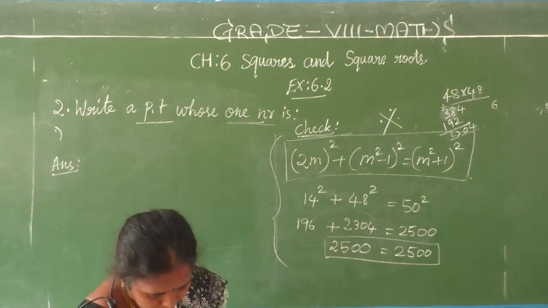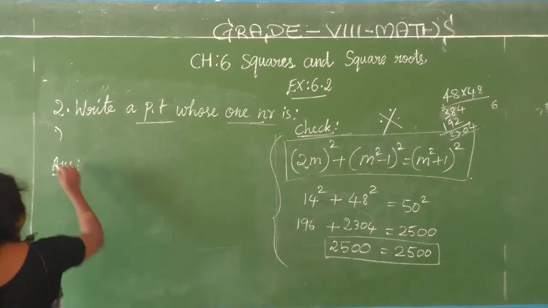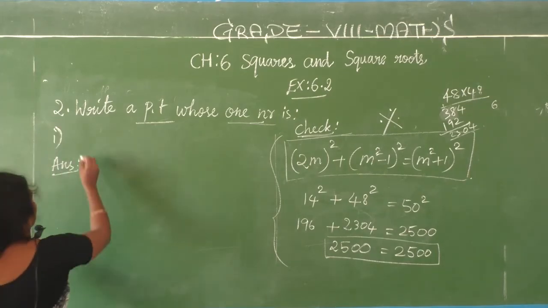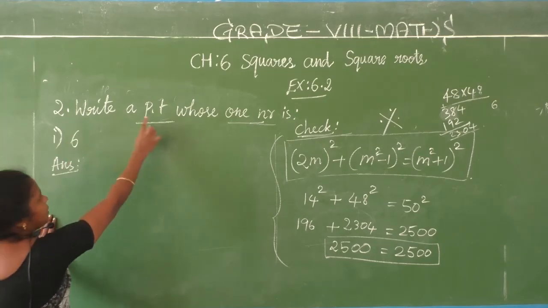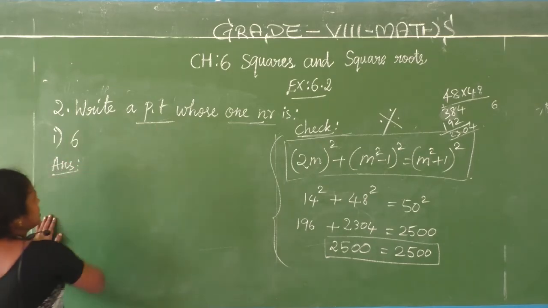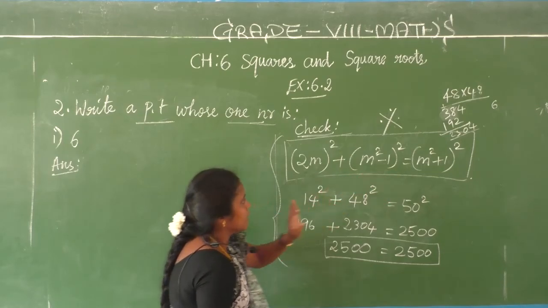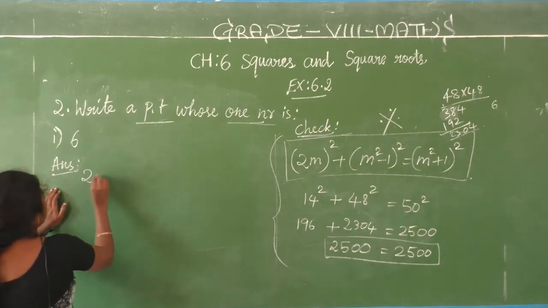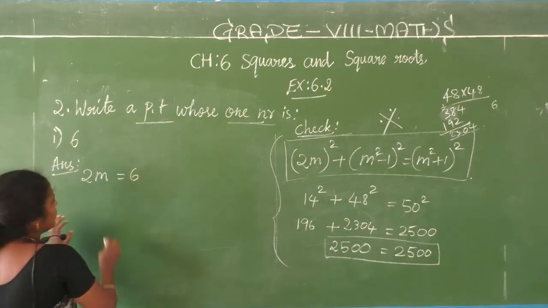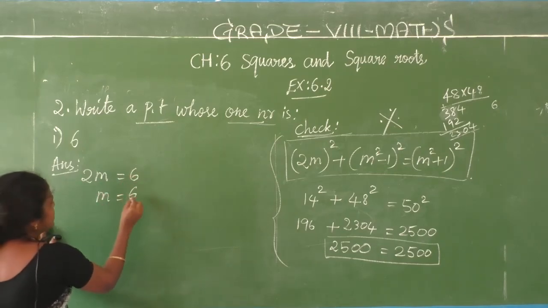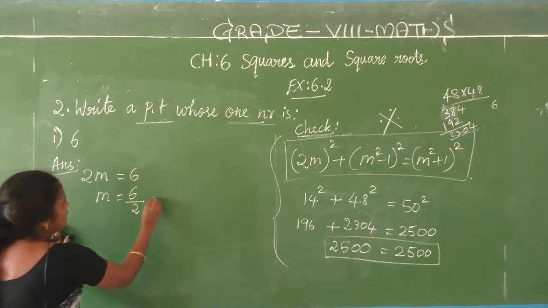Say, first question, 6. What is given? Write a Pythagorean triplet whose one number is 6. We know the three terms: 2m, m square minus 1 and m square plus 1. So I am going to match this 6 with the 2m. So 2m equal to 6 means m equal to 6 divided by 2, nothing but 3.